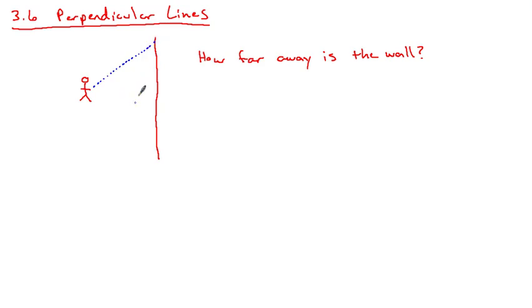Nobody would do that. I think everybody would measure like this. And without knowing it, you're recognizing that the shortest distance from something to a line is the perpendicular distance. So you wouldn't actually do this, right? So we cross that one out. You wouldn't do that.